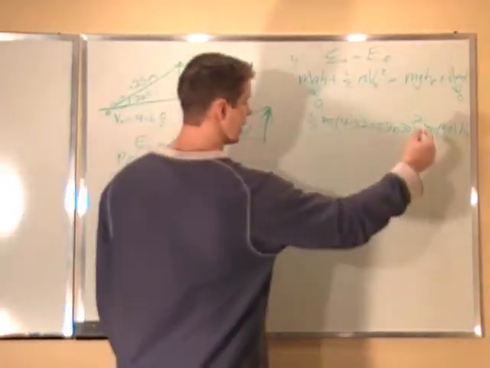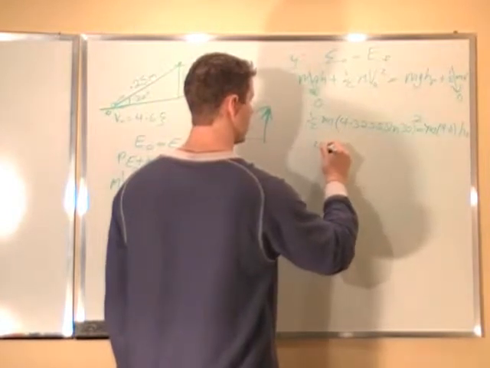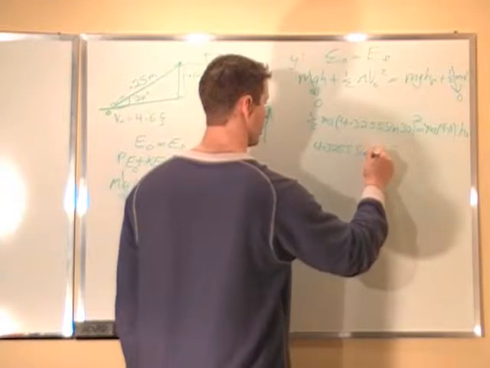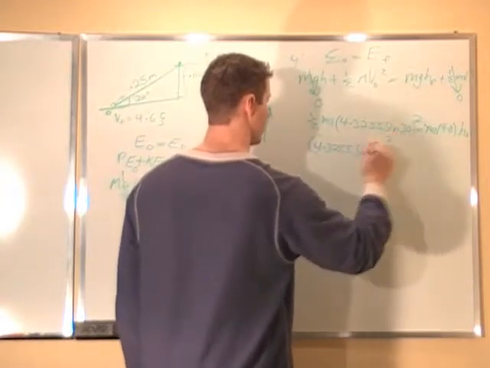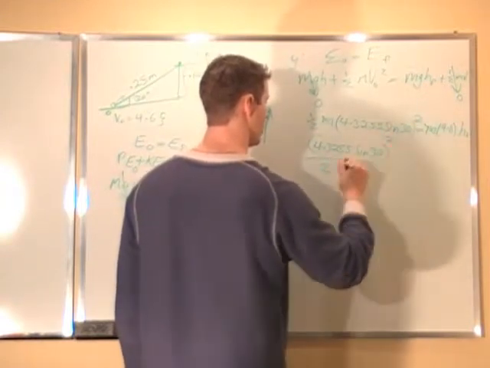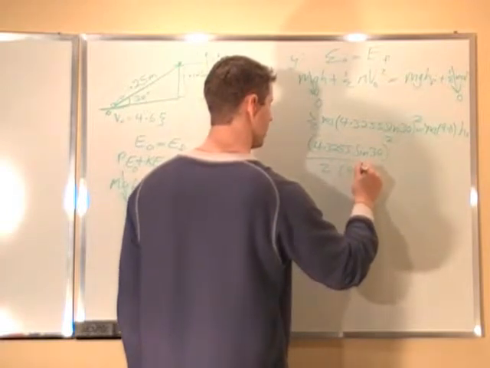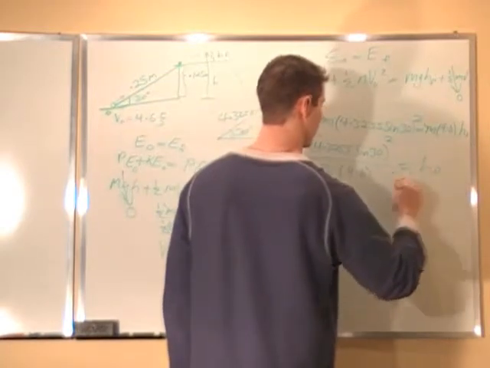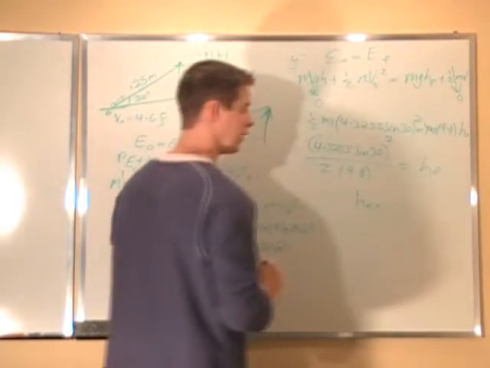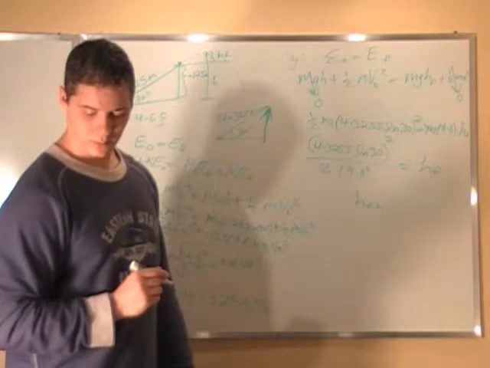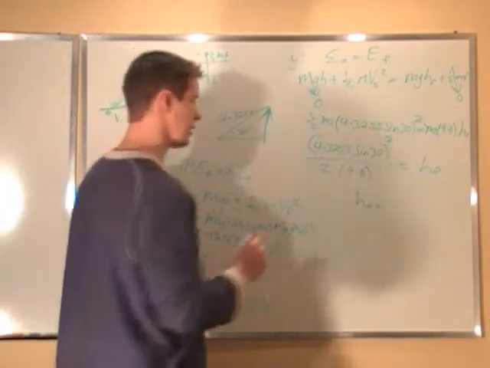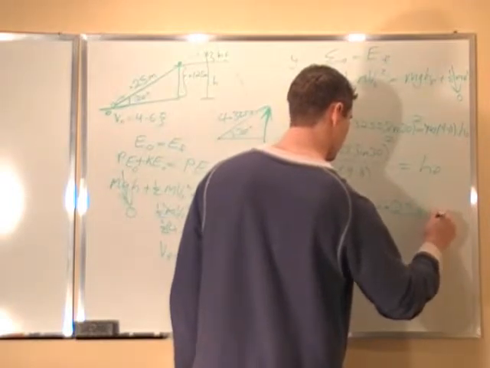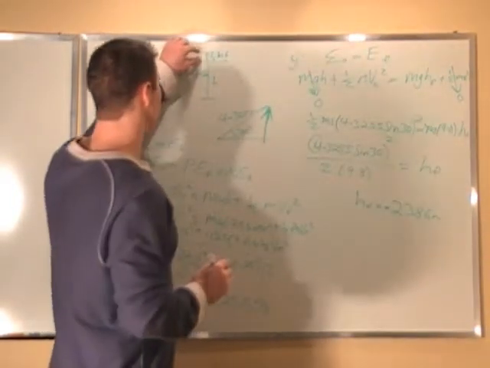So now all I do is divide by 9.8: 4.3255 sine 30 squared over 2 times 9.8 equals the final height, which is 0.2386 meters. That's this height right here.